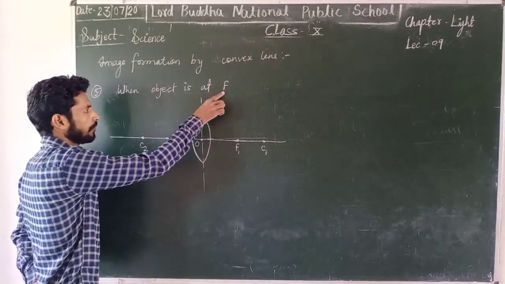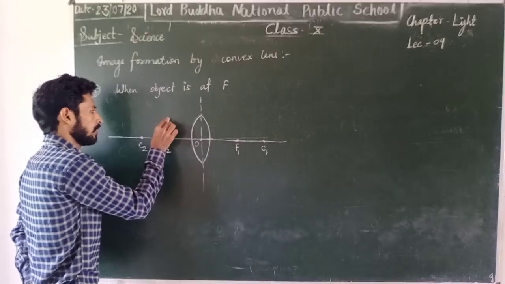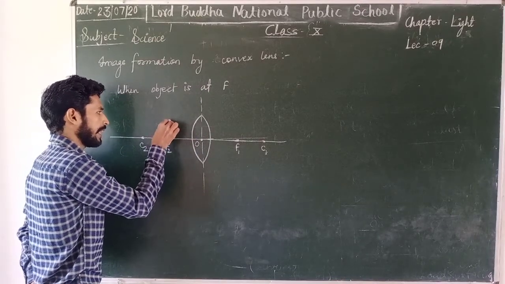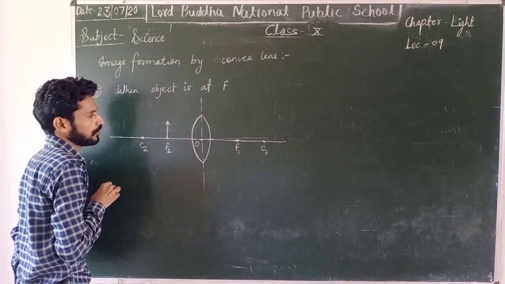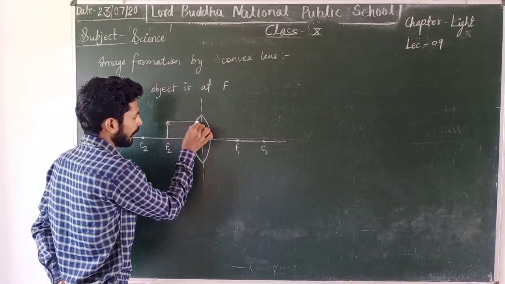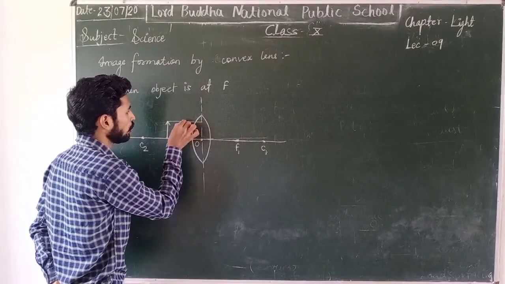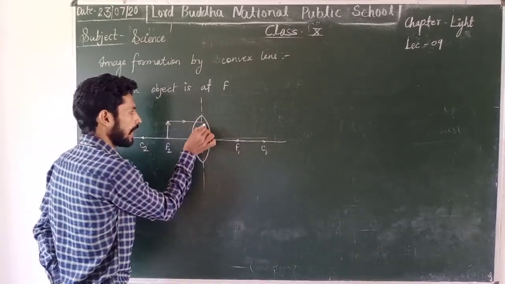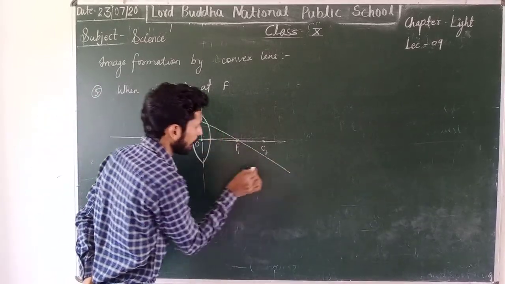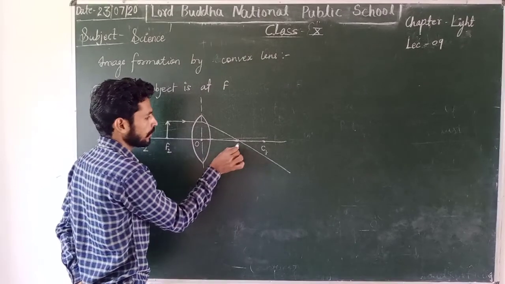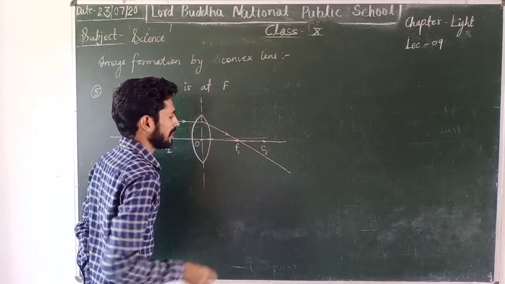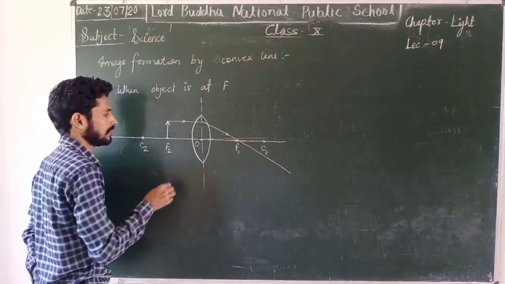In this case we want to locate the object at point F. So if any ray of light is going parallel to the principal axis, after the refraction it will pass through the focus of the lens.